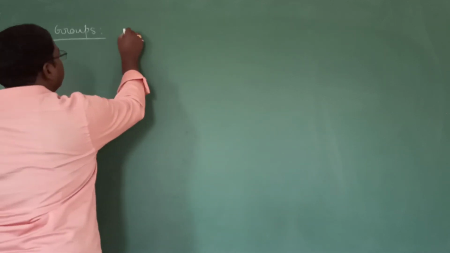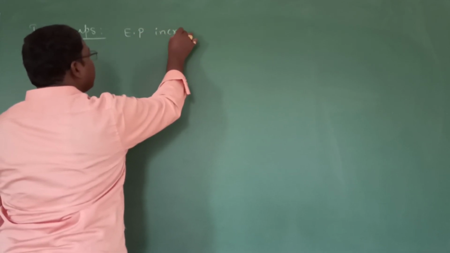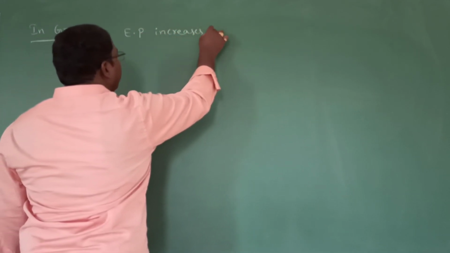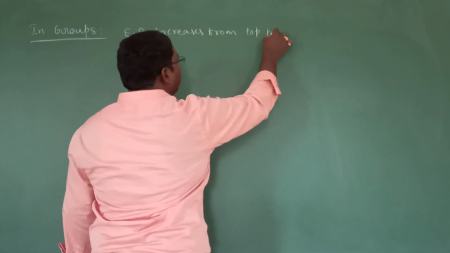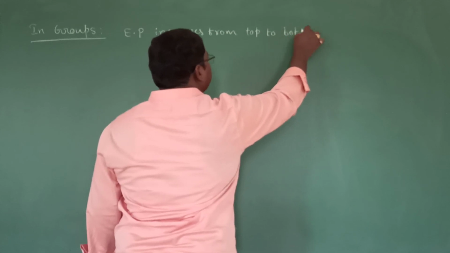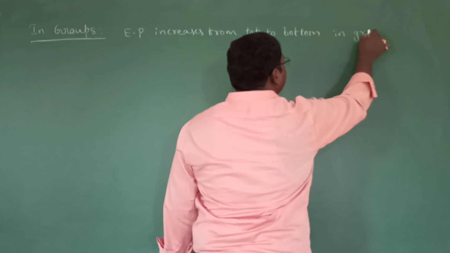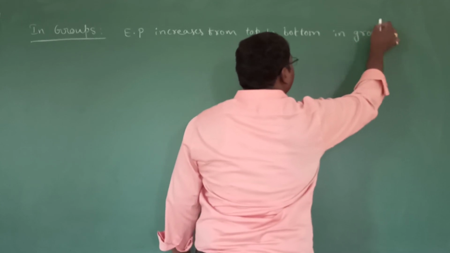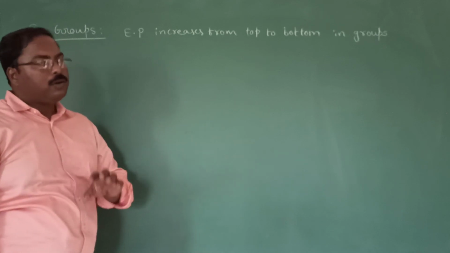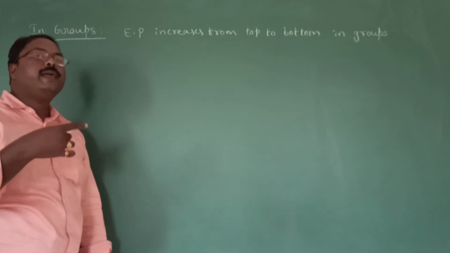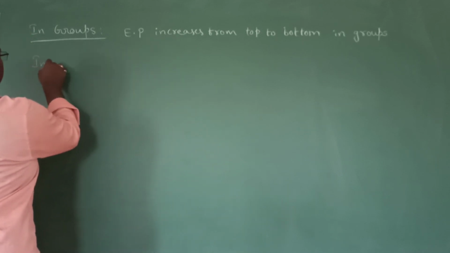So electropositivity increases from top to bottom in groups because atomic radius increases.